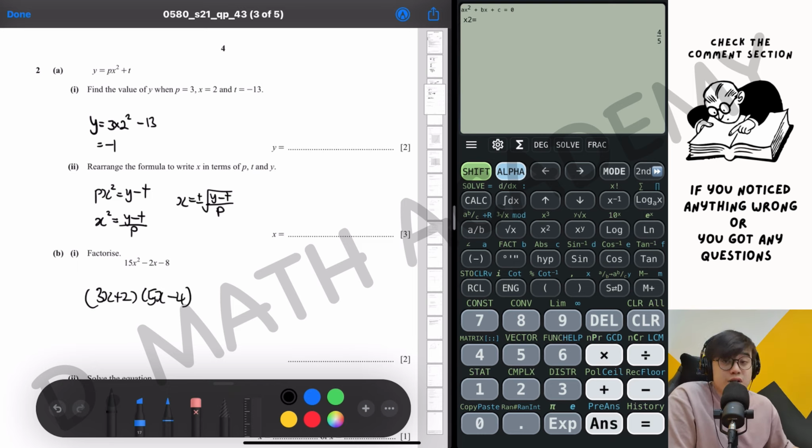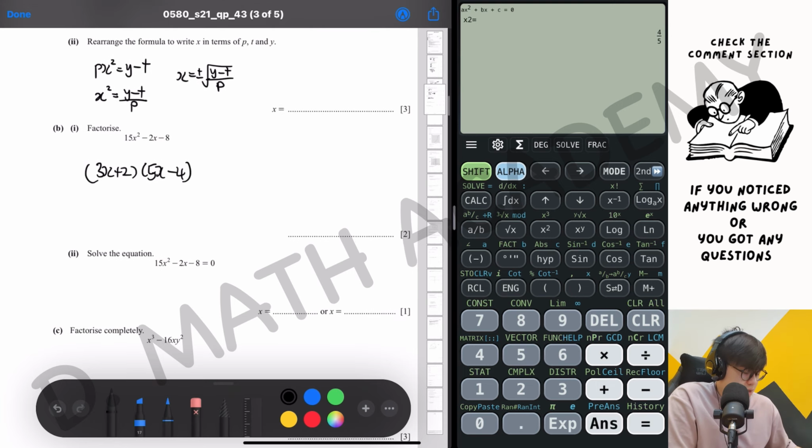So this will be the factorized value, and solve the equation accordingly. So your x will be -2 over 3 and the other x will be 4 over 5. So that is the two answers that they are looking for here.